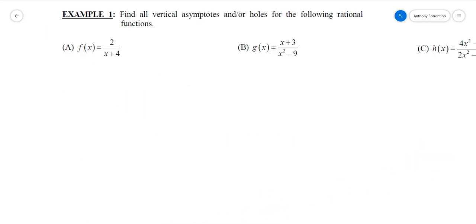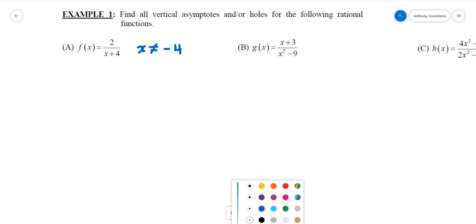For these first two functions, looking at f of x first, it's a pretty simplistic function. I can say by looking at it, well, obviously x cannot equal negative 4, because that would cause there to be a 0 in the denominator. This is a domain restriction. Now, is this a vertical asymptote or a hole?